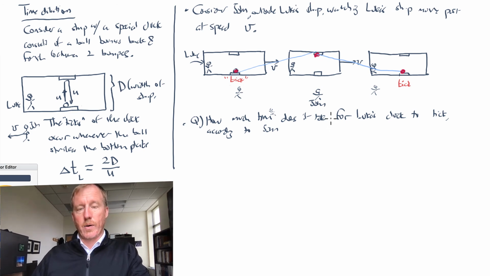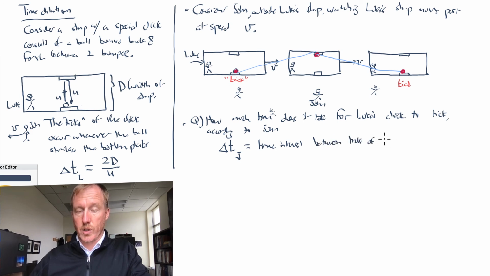Okay, now one way to think about this is, well, John would have to measure the time interval between the ticks of Luke's clock according to John. So this would be the time interval between ticks of Luke's clock.